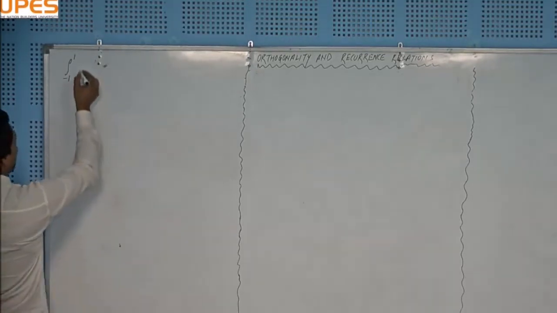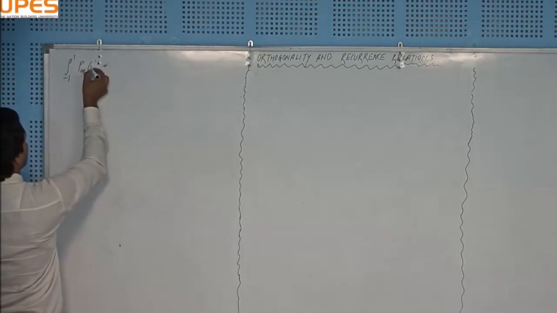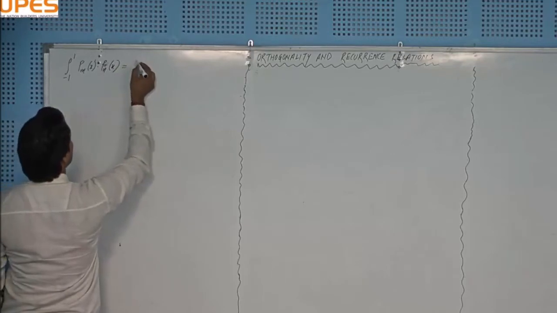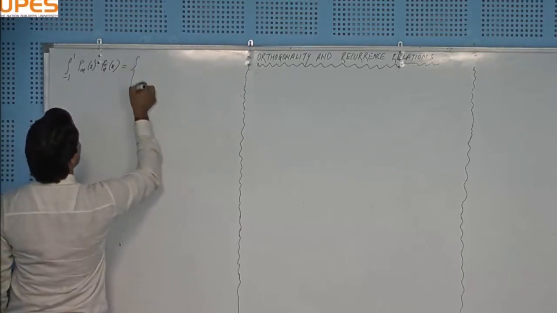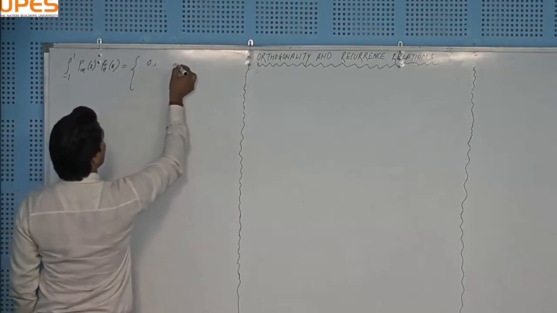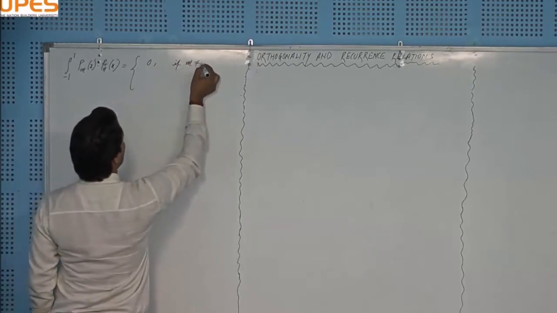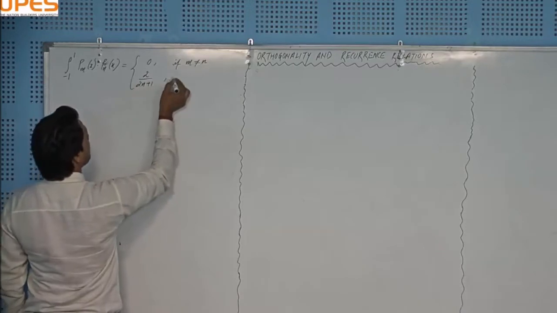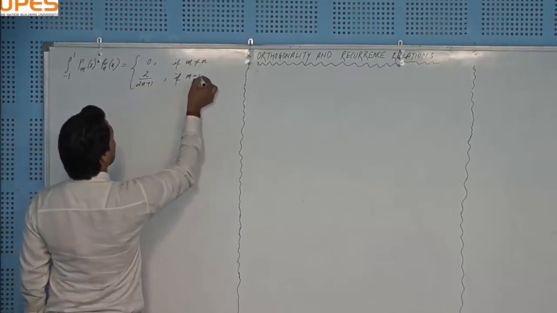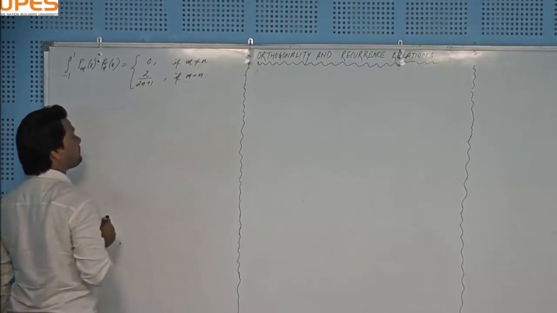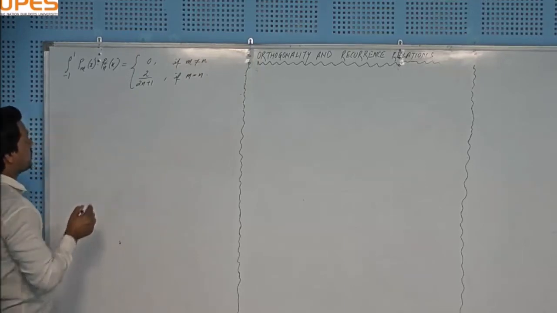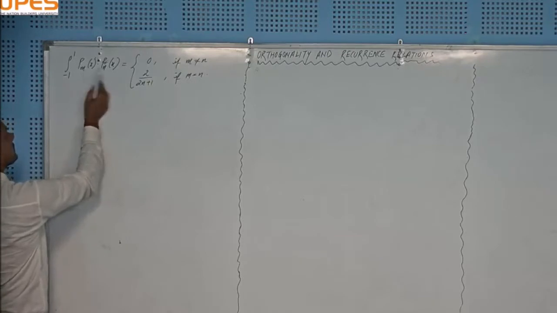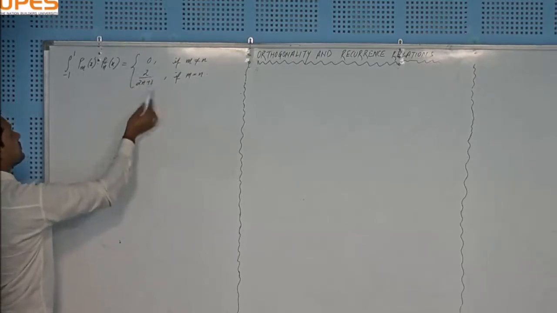If I write Pm(x) and the other polynomial as Pn(x), then this is 0 if m is not equal to n, and is equal to 2 by (2n plus 1) if m is equal to n.